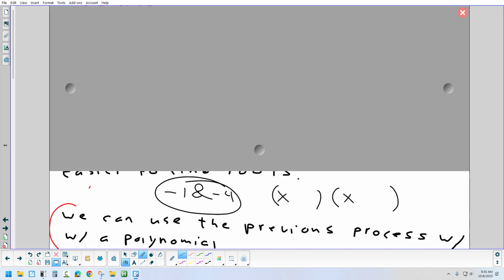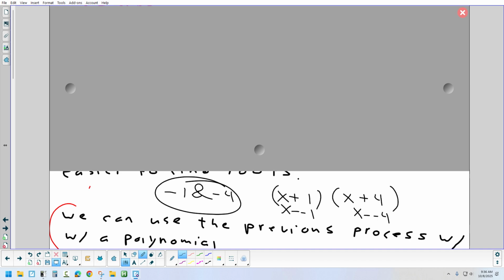Well, if you write down x plus 1, or you could think of it as x minus that number, that will work. If you plug in negative 1 there, you get 0. For the second one, the pattern is x minus the root. Here the root is negative 4. X minus negative 4, which would be x plus 4.